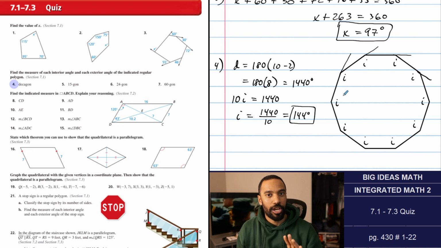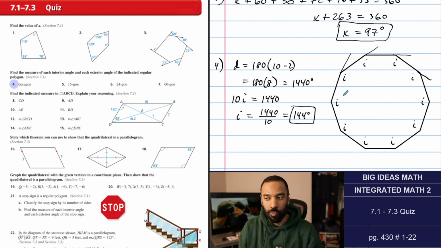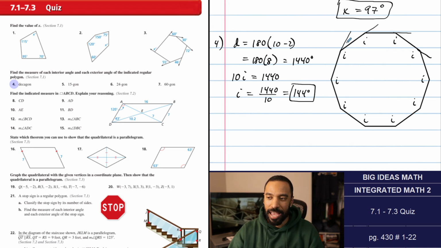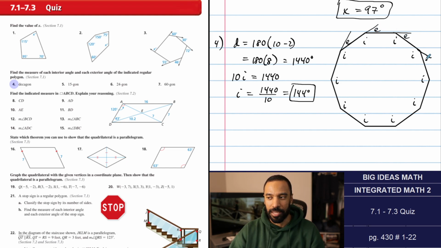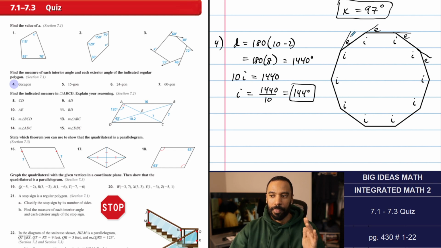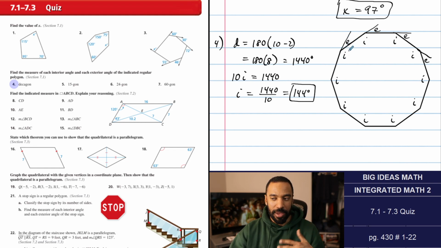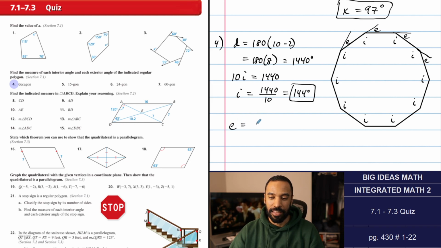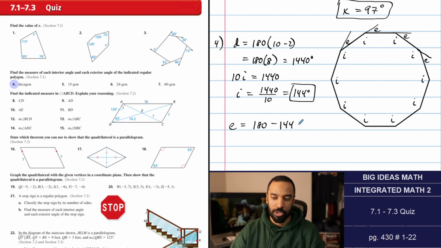Now, the exterior angle measure, you have one of two options in what you can do. Remember, an exterior angle measure E, not to be confused with the natural constant e, just as a variable, each of these E's are linear pairs with your interior angle measures. If I want to find any of the E's here, I can do 180 minus 144 because they should be supplementary together, and that would be 36 degrees.